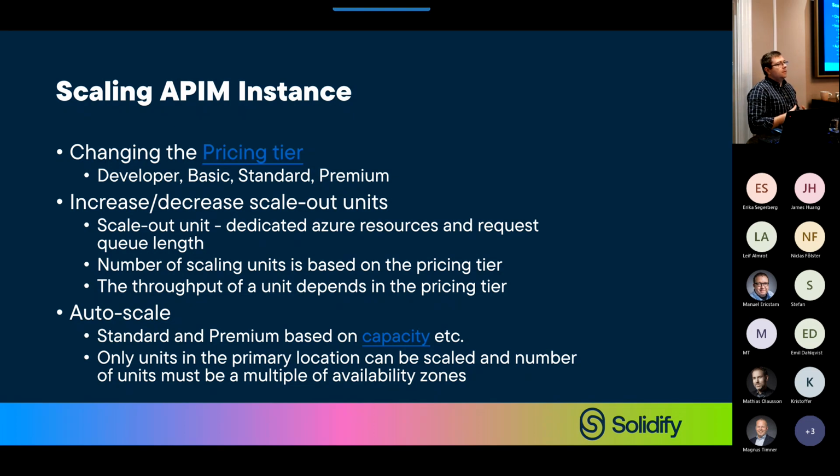The tier not only contains the capacity or the performance, it also controls the features that are available. So you might not have the same features for premium and standard. So some features will be available only on the standard tier. So if we take a quick look at how it looks.